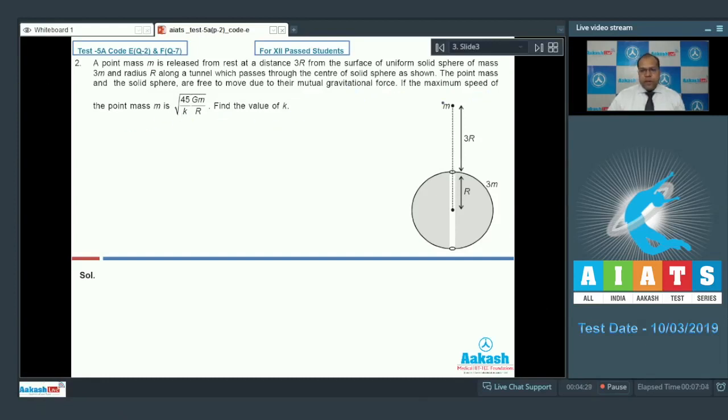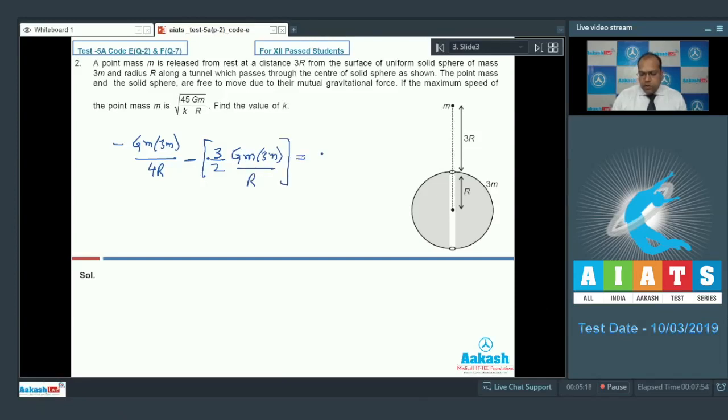So we know that the maximum speed of the point mass occurs when the point mass reaches the center of the solid sphere. So the loss in potential energy is equal to the gain in kinetic energy. So that can be written as initial potential energy is minus G into small m into 3m divided by 4r, minus of final potential energy, which is 3 by 2 of the potential energy at the surface, so that is minus G m into 3m divided by r.